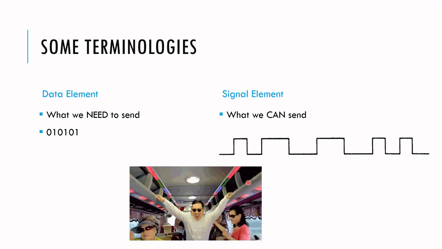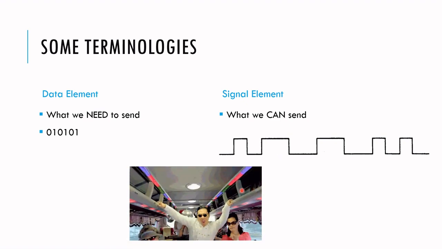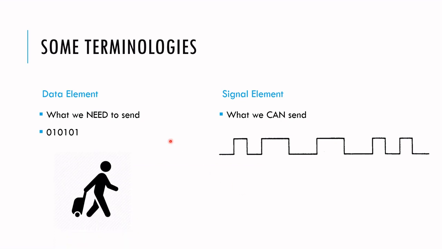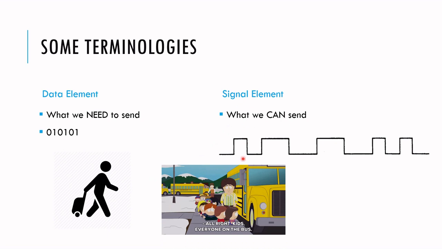We can use a vehicle passenger analogy to explain this. Now, data are the passengers and signals are the vehicles. And the vehicle or signal is going to be carrying the passenger or the data.